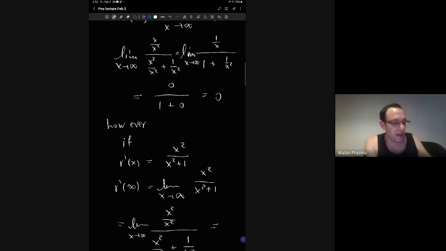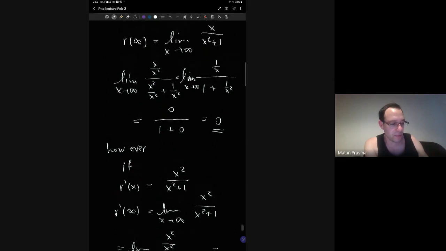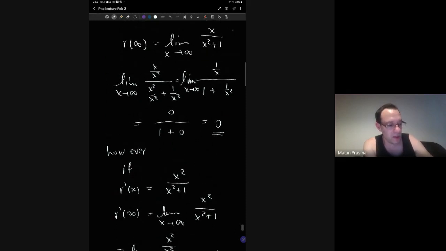If the degree of the numerator is smaller than the degree of the denominator, then you get 0, like in the first example, right? The degree here is 1, the degree here is 2. And if you tend to infinity and you divide a polynomial of degree 1 by a polynomial of degree 2, you always get 0.